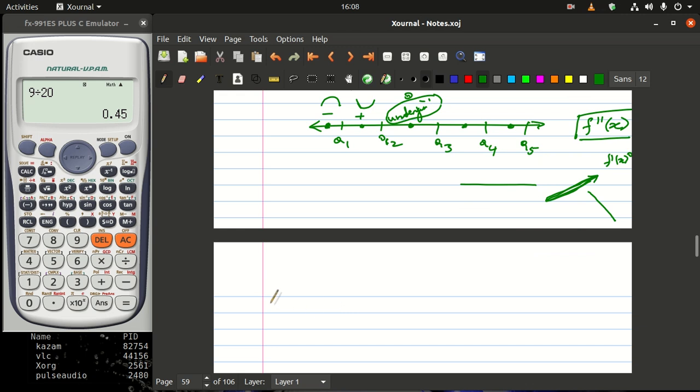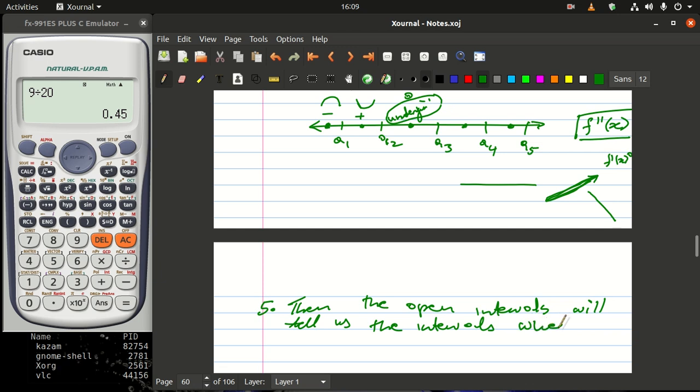Now we go to the fifth step. The fifth step is just saying that the open intervals will tell us the intervals where the function f is concave up or concave down.